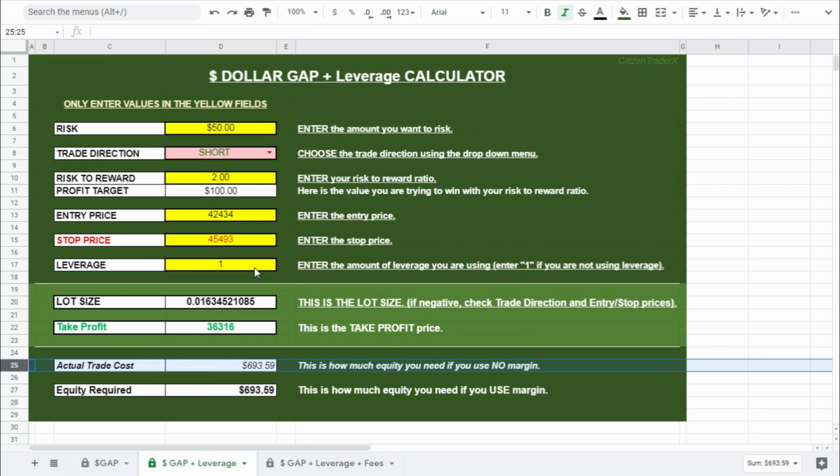All right, so let's say we have 5x leverage. The actual trade cost is still the same, but we only need 138.72 in our account, minimum.